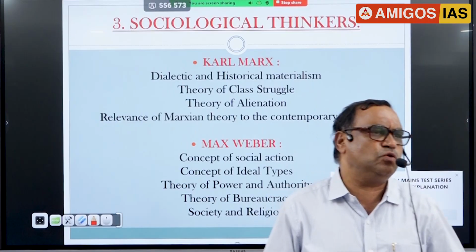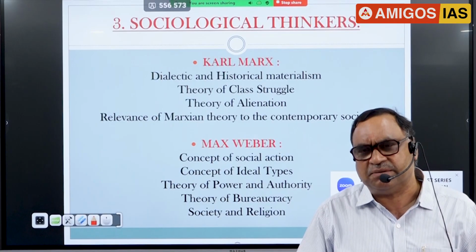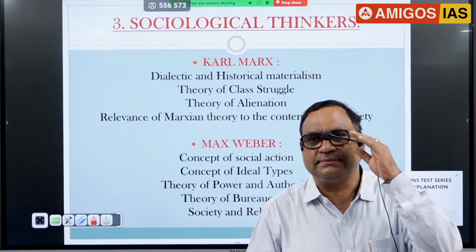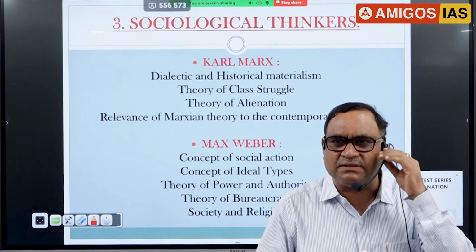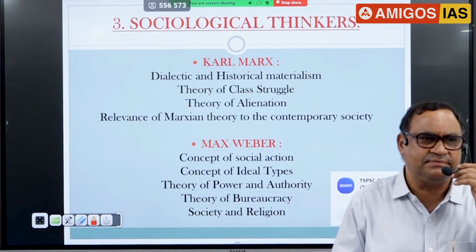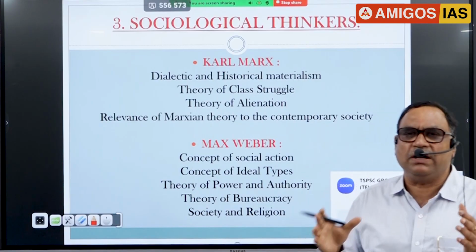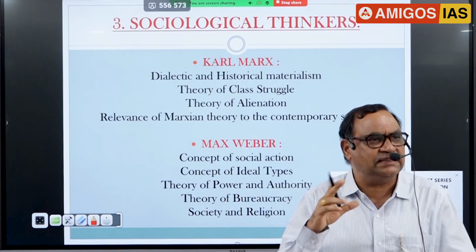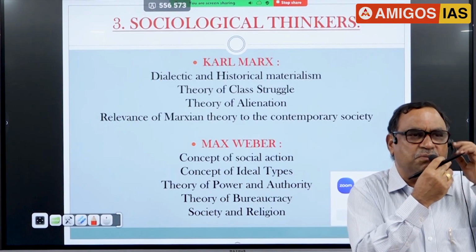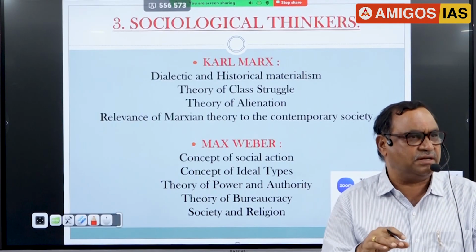And proletarian revolution would ultimately result in the dismantling of capitalism and initiation of a communist society. Which is possible now or not, that we can analyze. So questions will be asked like that. If you are able to understand Marxian theory, then you can relate it to the contemporary society, right? Whether it is relevant or not.